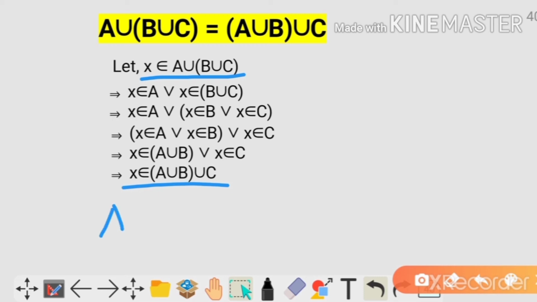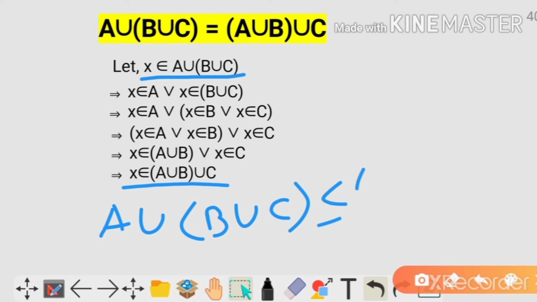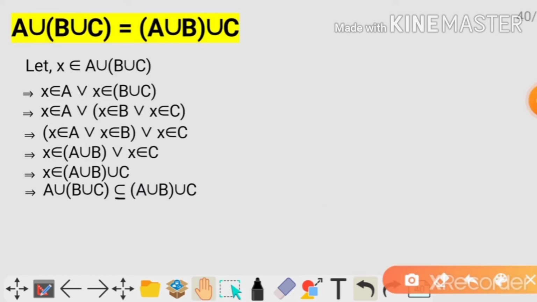So we can write that the left hand side is a subset of the right hand side. So we have proved the left hand side is a subset of the right hand side.